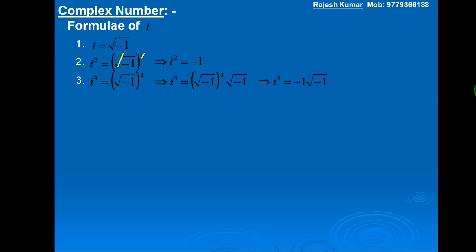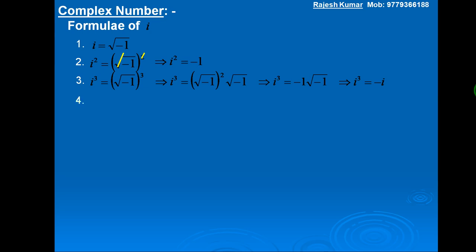Or this implies iota cube is equal to minus 1 into under root of minus 1, as square of square root of minus 1 is minus 1. Or this implies iota cube is equal to minus iota.